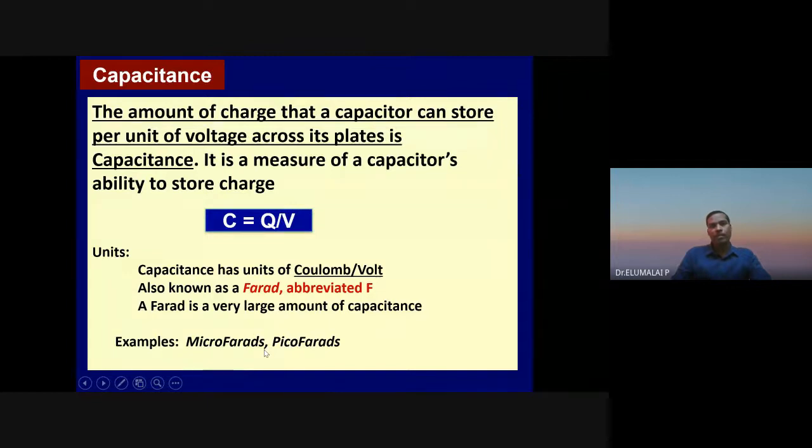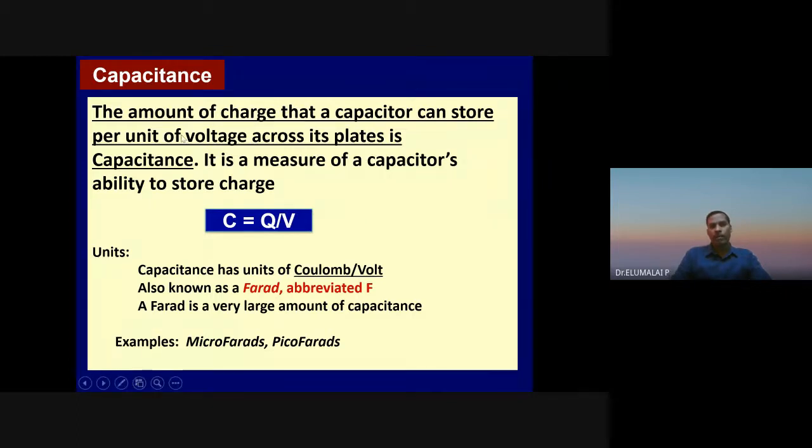What is capacitance? The mathematical expression is C is equal to Q by V. C is capacitance, Q is charge, and V is the voltage. The amount of charge that is being stored across the conducting plates per 1 unit of voltage is known as capacitance.